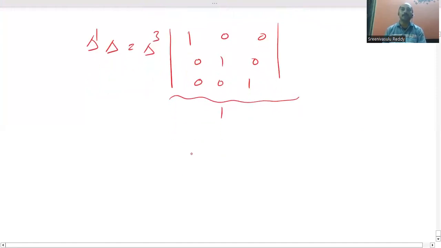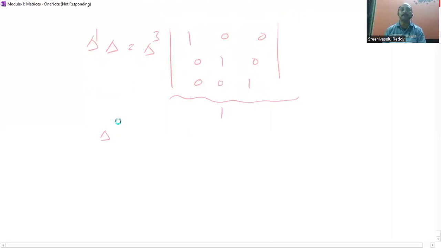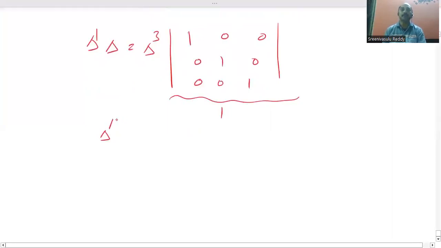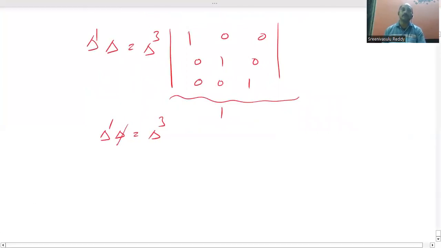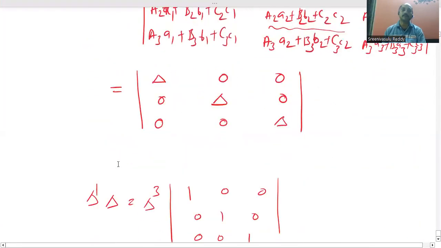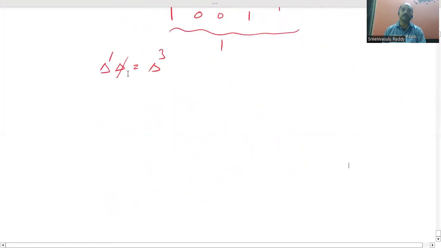No need to expand it; if you have time in the examination, you can expand. So it is better to write it down.